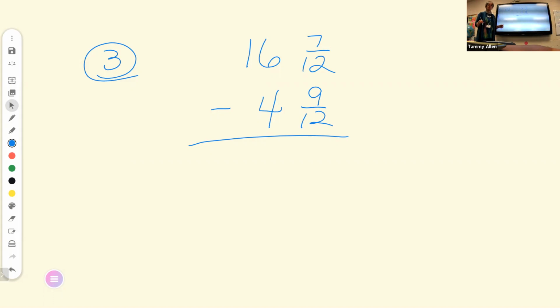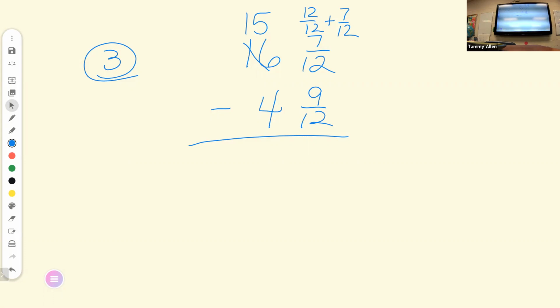What do I need to do? From 16 to 15 and add 12/12. Now, where did that 12/12 come from? Somebody besides Peyton tell me that. Adam? The 16. More than that. Ezra, sorry.